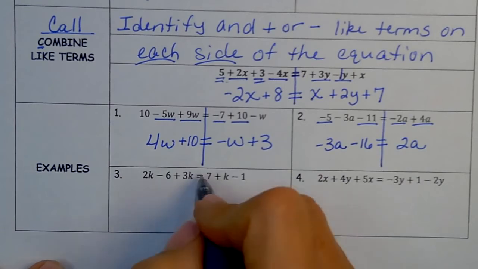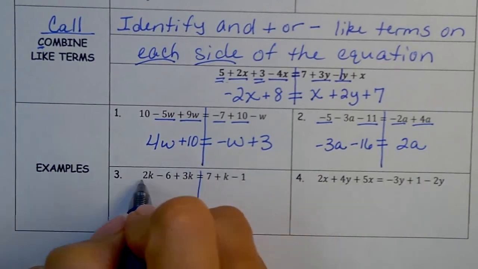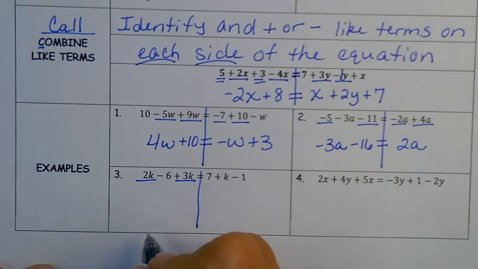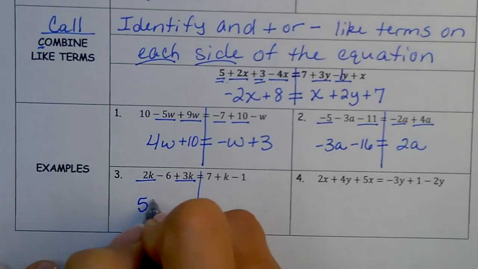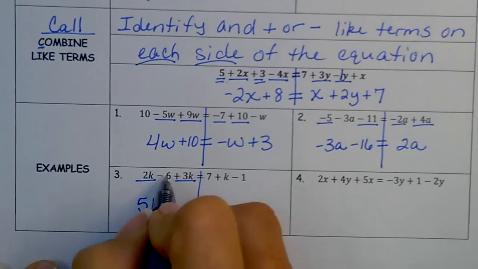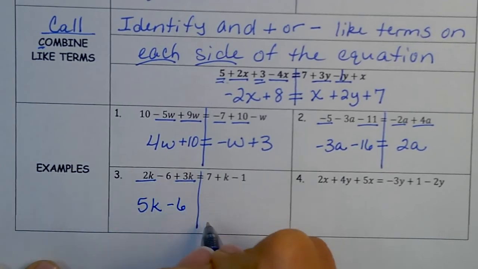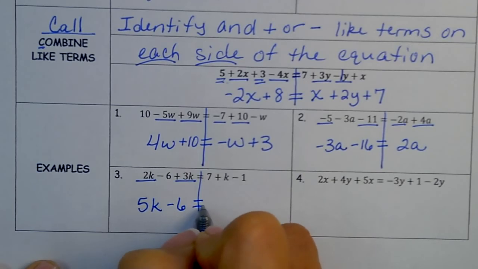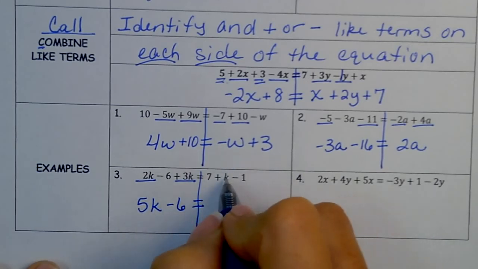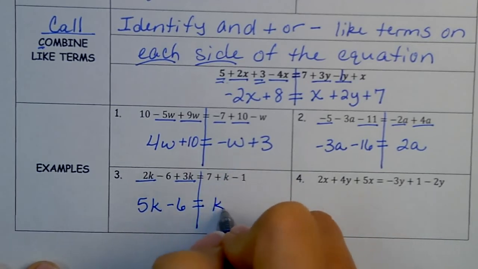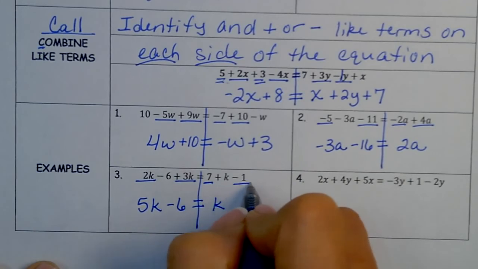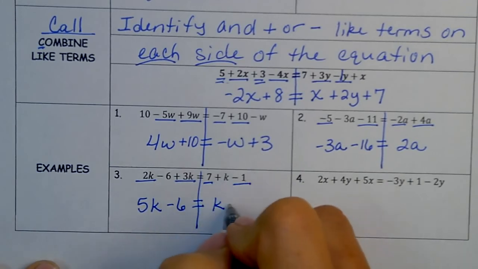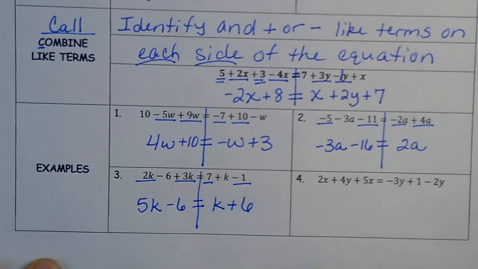Number 3. These are like terms. Combined, give me 5k. And then the constant minus 6. Here I have k. And the like terms are 7 minus 1, which gives me 6.